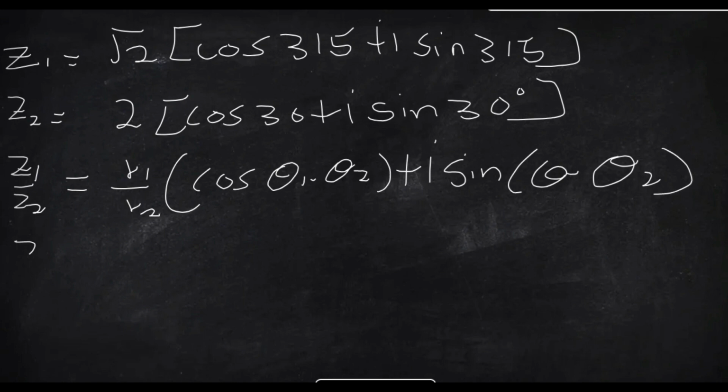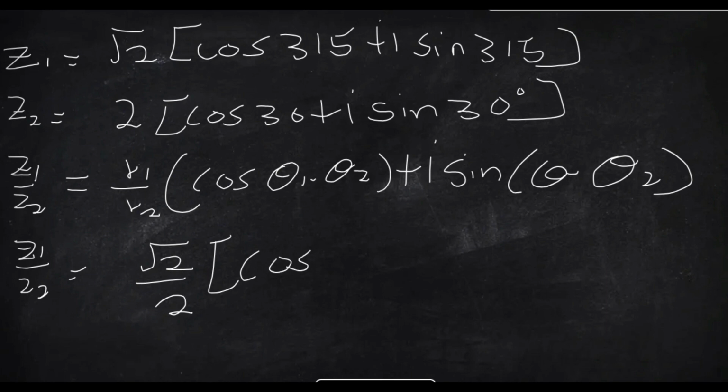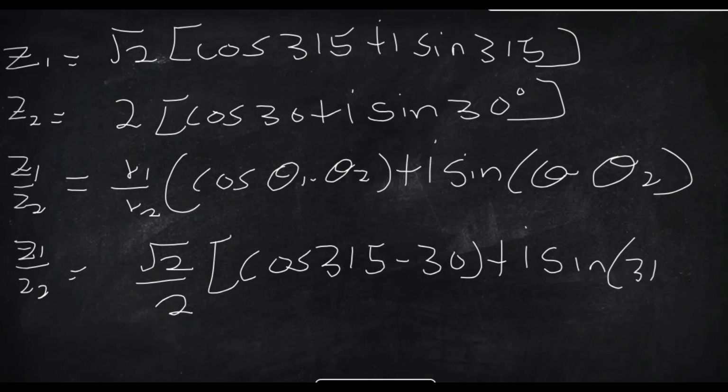This gives root 2 over 2 into bracket cos of 315 minus 30 plus i sine of 315 minus 30.